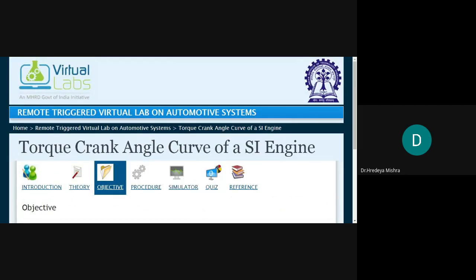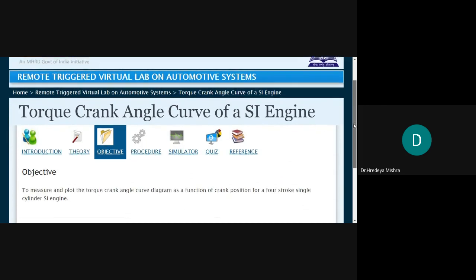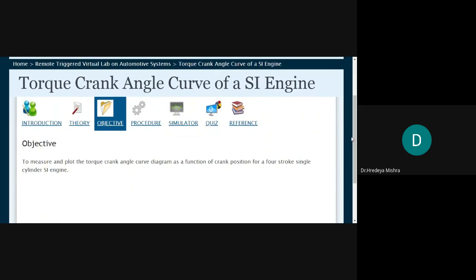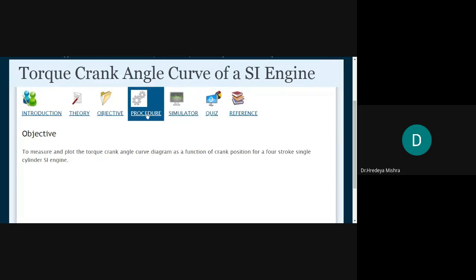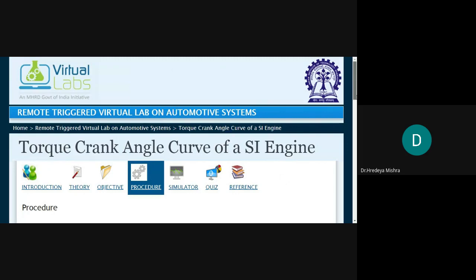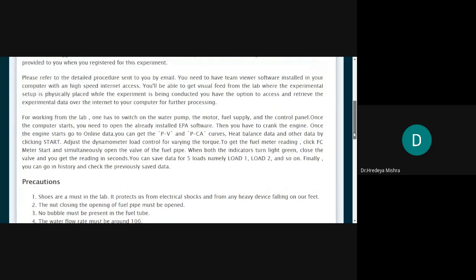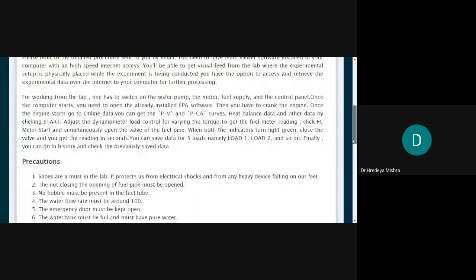Here, what is the objective? To measure and plot the torque crank angle curve diagram as a function of crank position for a four-stroke engine. Okay, torque crank angle. What is the procedure? The procedure is the same as for that. See here, this is the procedure. You can see.